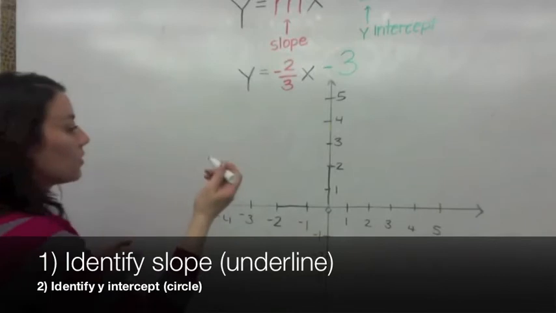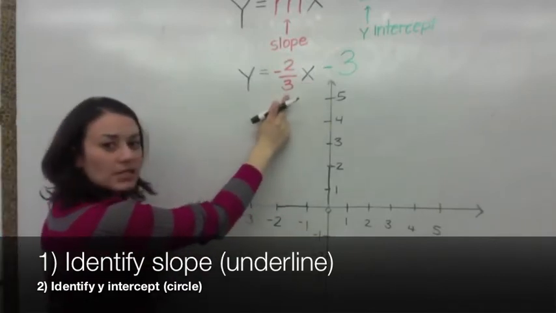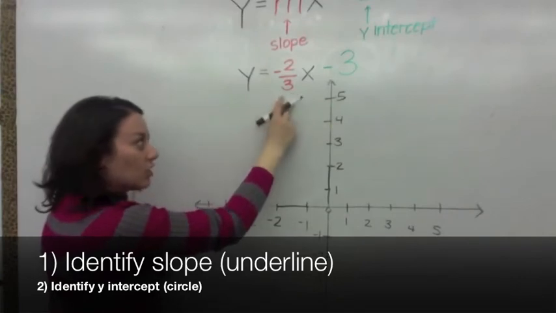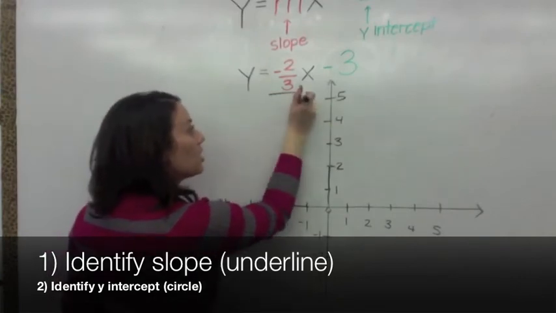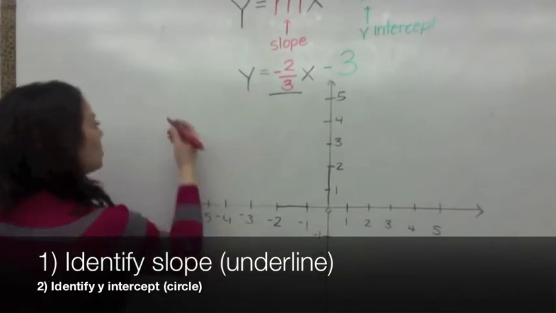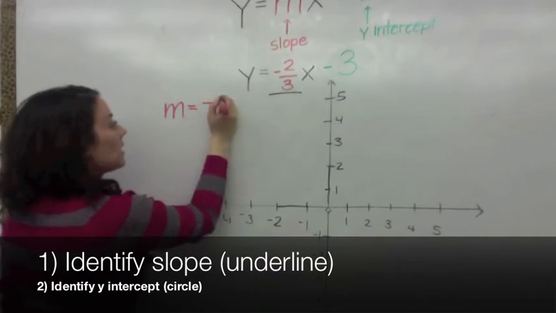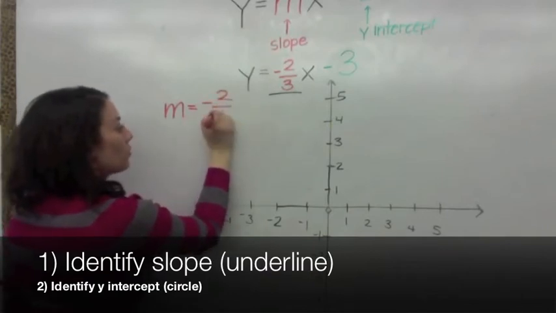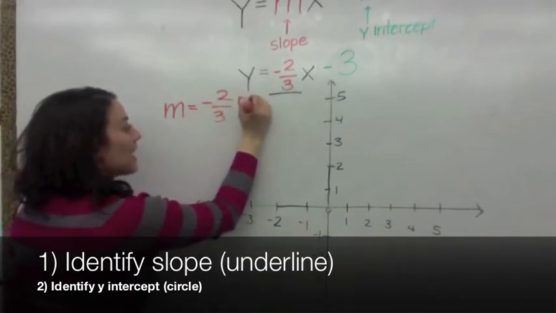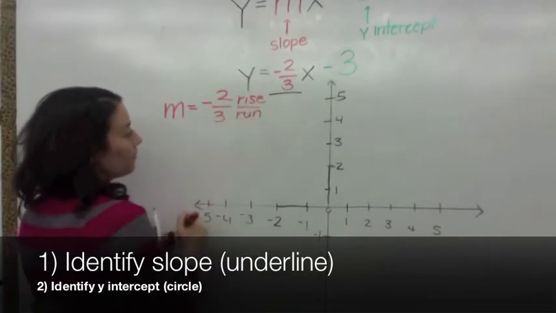Your slope is the number that touches x. What kind of number is this? It's a fraction. So we're going to underline the fraction. The fraction is 2/3. So our slope, which is the red number, is -2/3, which means you will rise down 2 but run over to the right, 3.